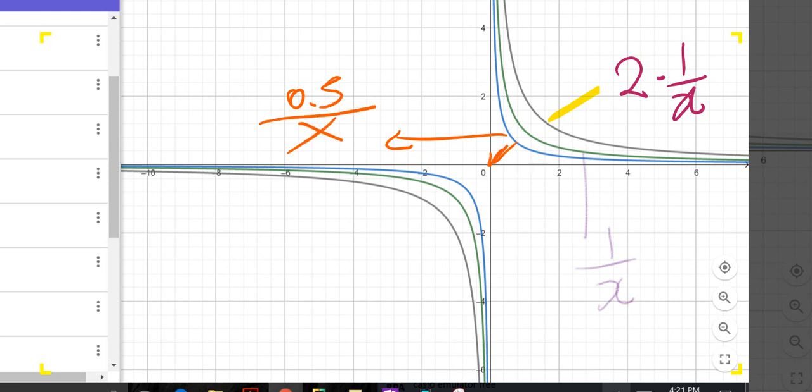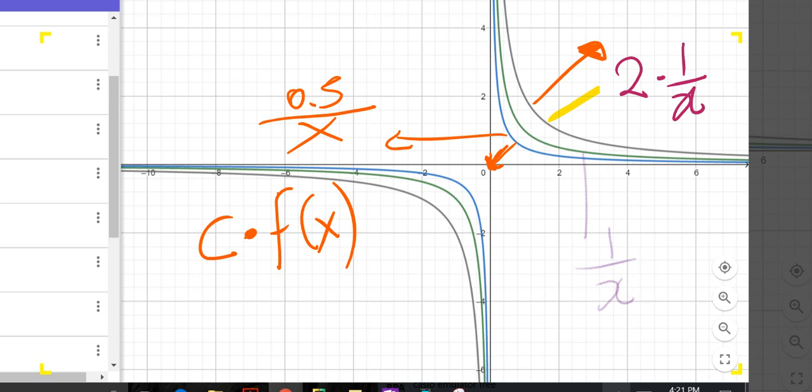That goes closer. That goes further out. So as I want you to understand, this has the form c f(x).